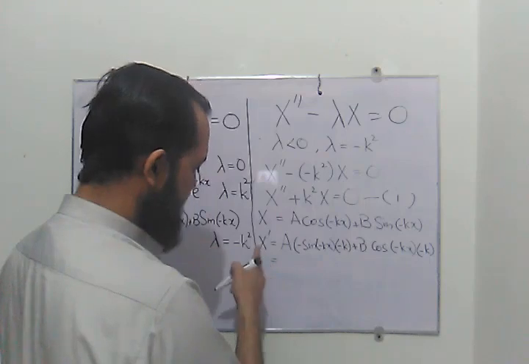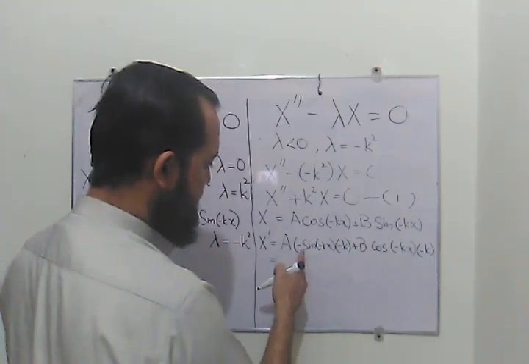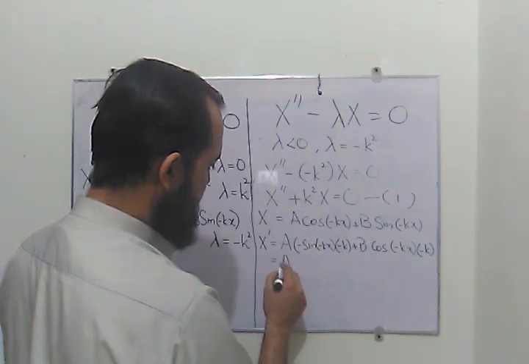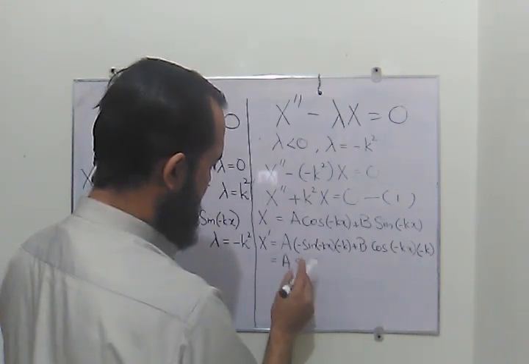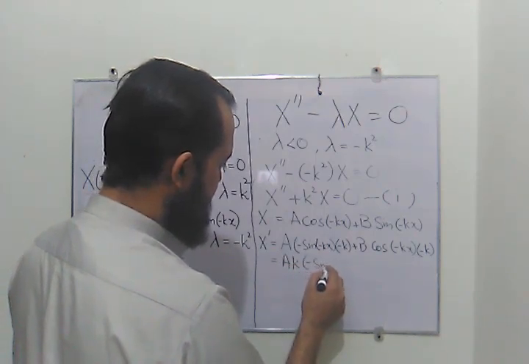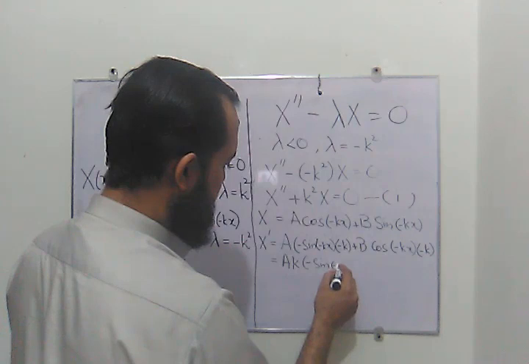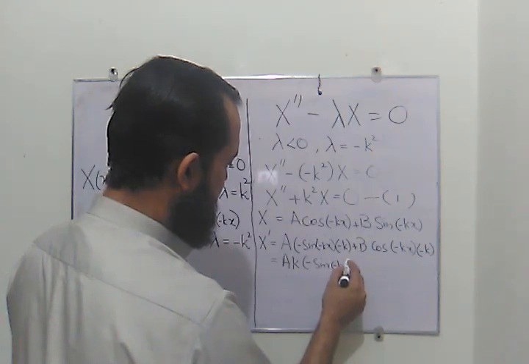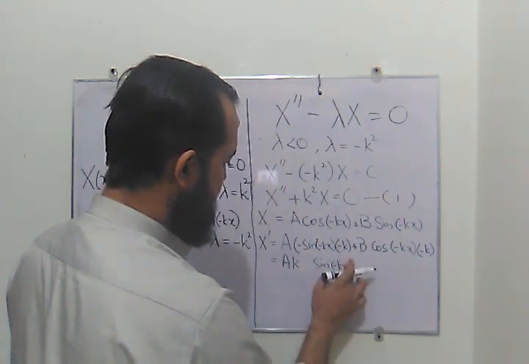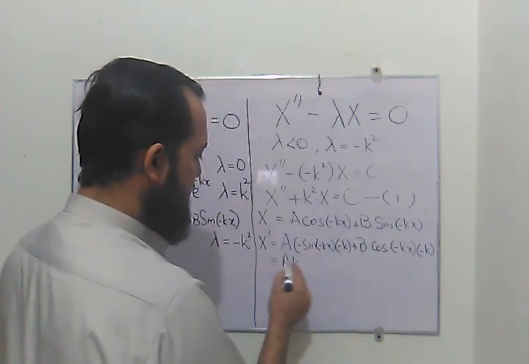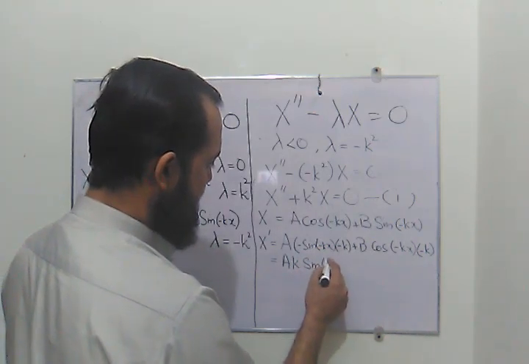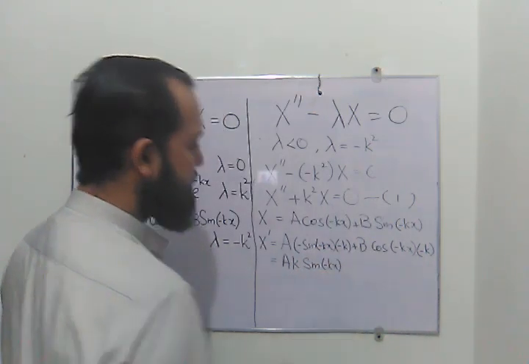So x prime or first derivative will take the form: this is minus, this becomes plus. So a sine, a k, minus sine into kx, a k, minus minus plus, so a k sine kx.